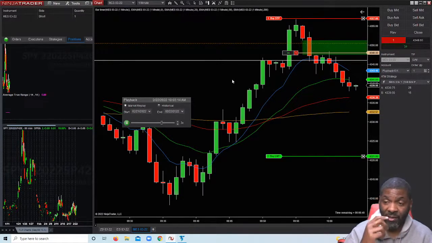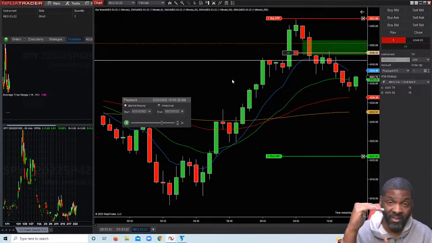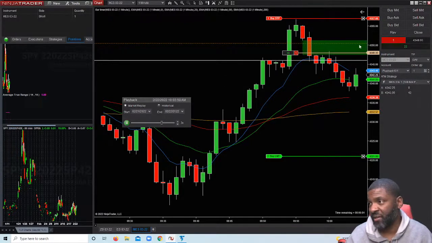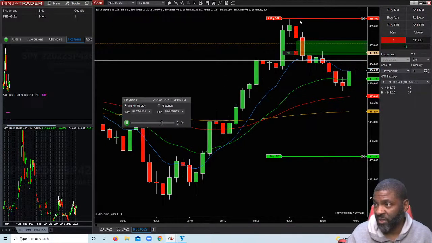And with the fair value gap trades, once it go into the liquidity pool that I'm looking for, I'm just looking for that fair value gap imbalance to go back in and get picked up on, on any fair value gap.